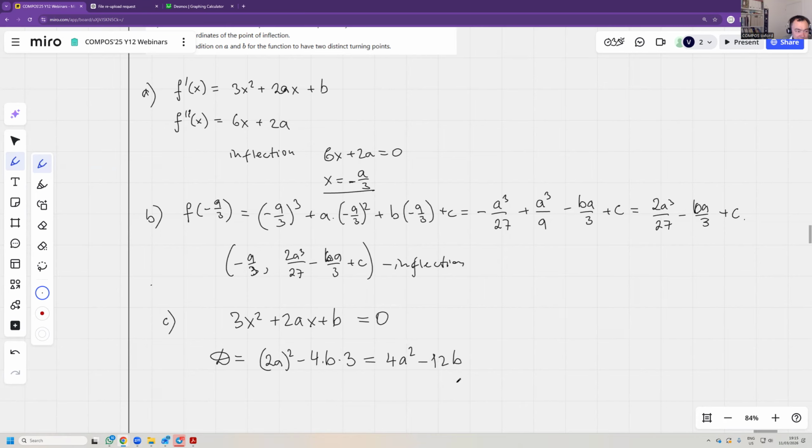That's the discriminant, and it has to be greater than 0. So 4a squared minus 12b must be greater than 0. So a squared minus 3b must be greater than 0. So a squared must be greater than 3b.